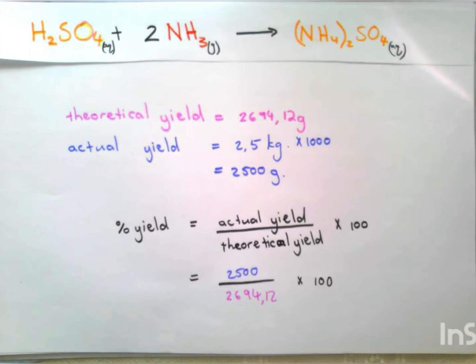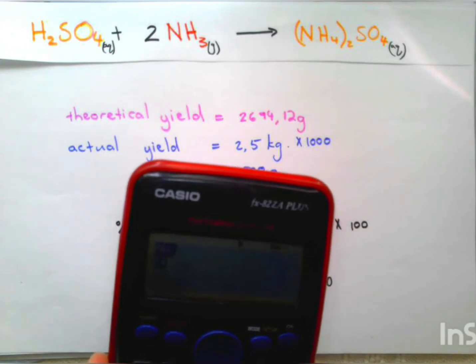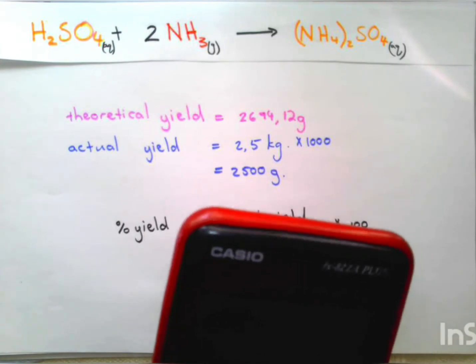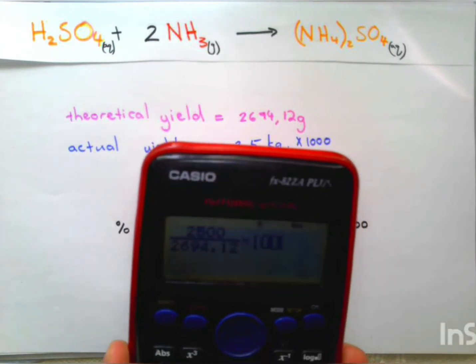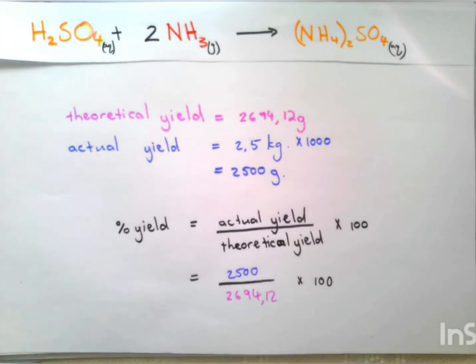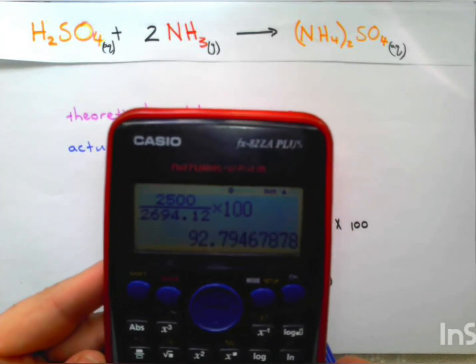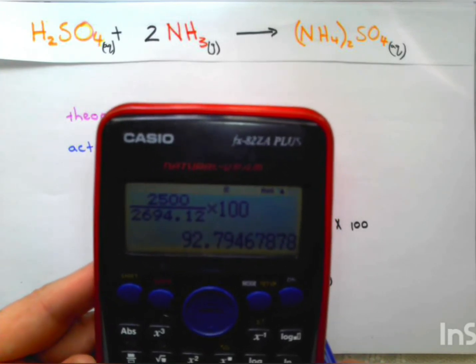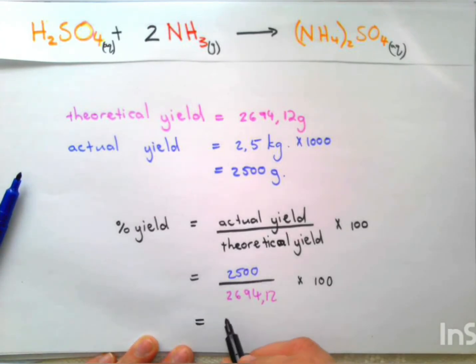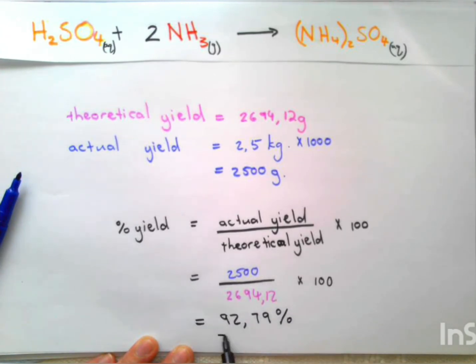So now we pop that into our calculator: 2,500 divided by 2694.12 multiplied by 100, and that gives us 92.79, because the next digit is a 4, so we round down. So my answer is 92.79%.